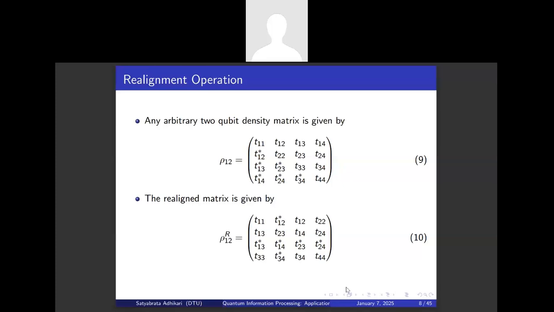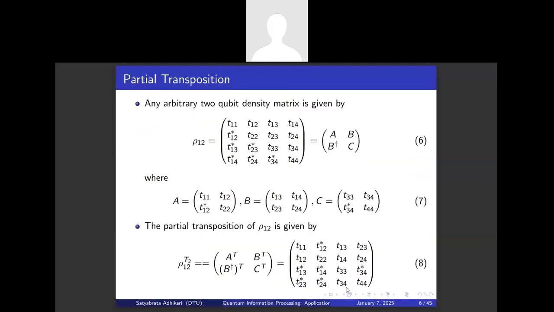That is, the first block matrix A is T11, T12, T12 star, T22. In the realignment operation, we write these elements T11, T12 star, T12 and T22 in a row, in this form: the first element T11, then the second is T12 star, then the third one is T12, and the fourth one is T22.